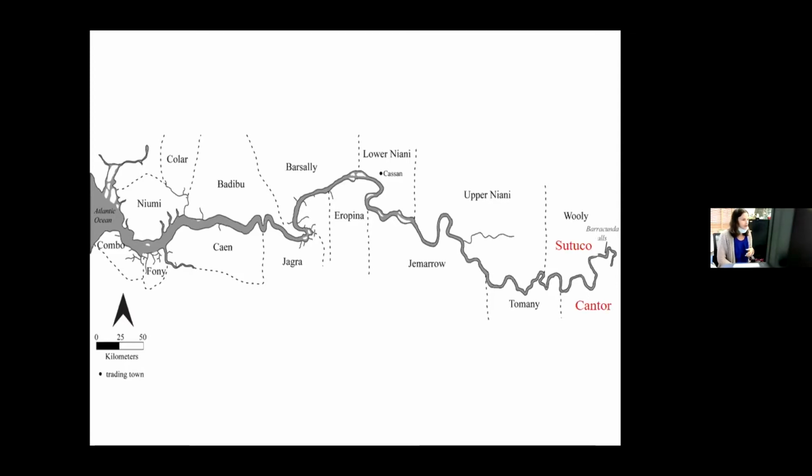And then when the Portuguese first arrived in the 15th century, it was Surico and Cantor that were the main trading depots, and these quickly fell out of power by the start of the 17th century as more and more caravans began to go directly to the coast where the British and later French set up their main outposts.